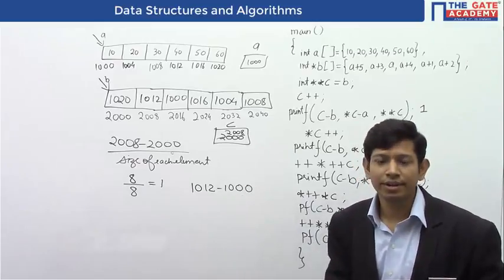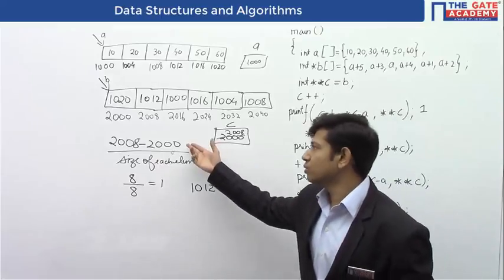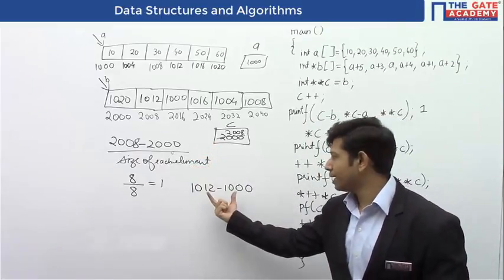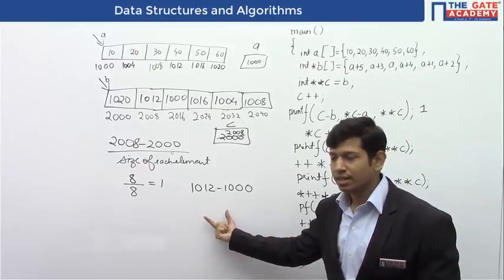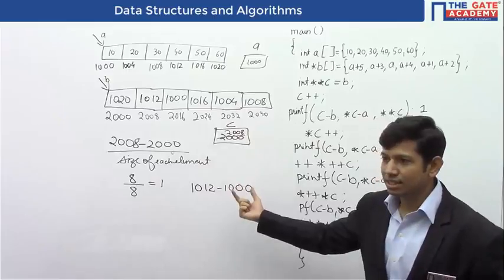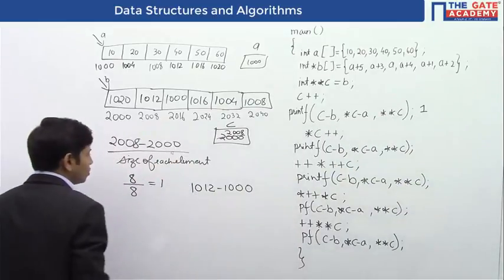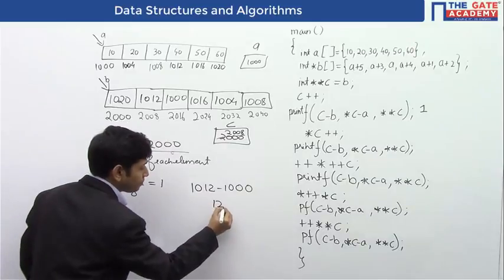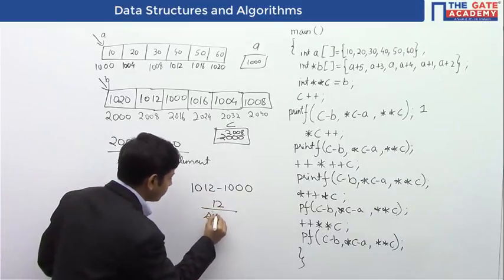It is subtraction of addresses. So performing subtraction of addresses, we use the same concept: we obtain the numerical value and divide it by the size. Like that we obtain the number of elements at these addresses. Here we obtain 12 and we divide it by the size.